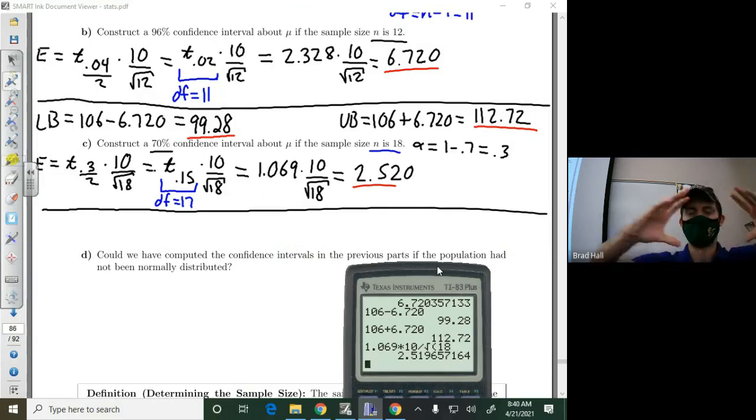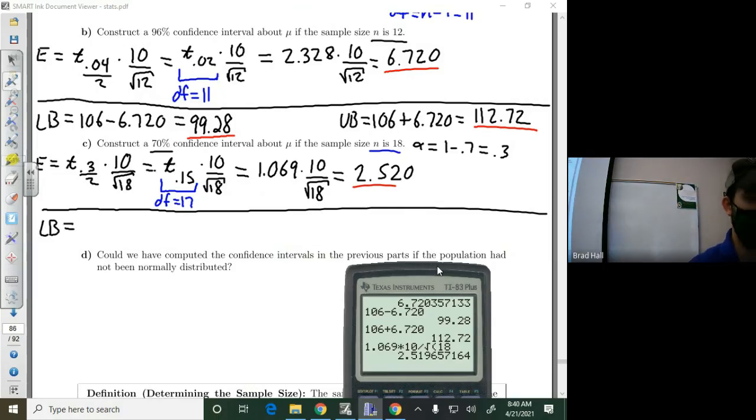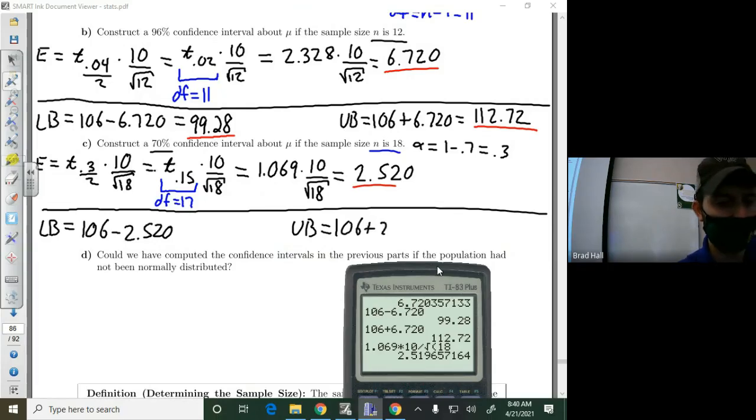You'd be a lot more confident about a larger interval. But alas, the lower bound is yet again 106 minus 2.520, and the upper bound is 106 plus 2.520.